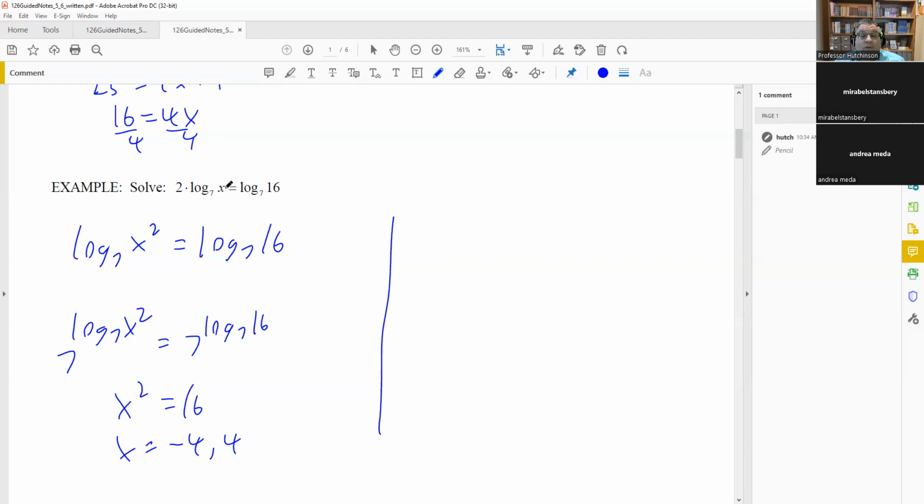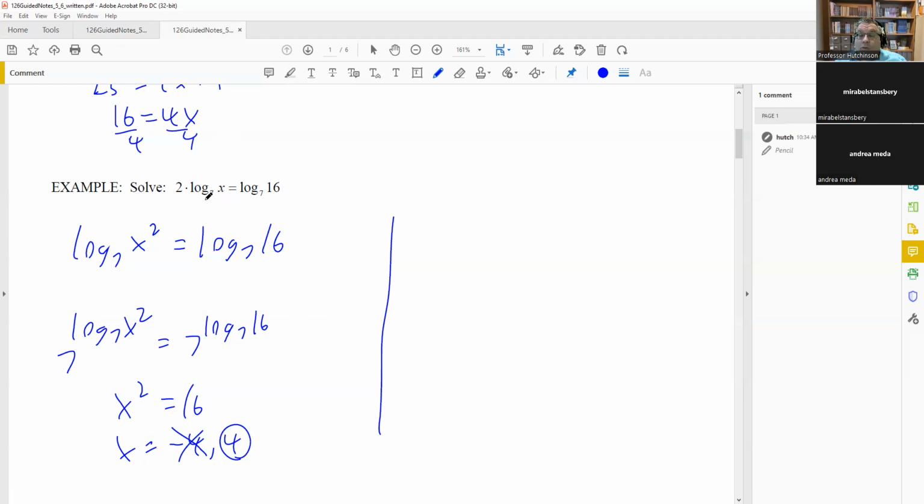When we talked about the graphs last time in 5.4, that says that the domain of logs is only positive numbers. So if any number you have for an answer makes something inside the log negative, that answer needs to be eliminated. So for this problem, the only answer we have is 4. That is the answer to this problem, is 4.